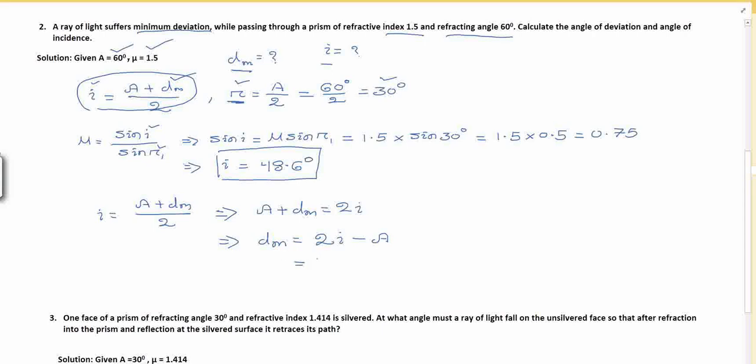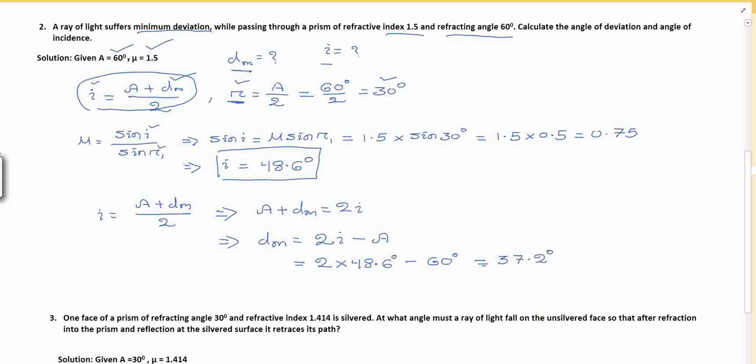Here I is equal to 48.6 degree. So this is equal to 2 into 48.6 degree minus 60 degree. So finally we will get the value 37.2 degree.